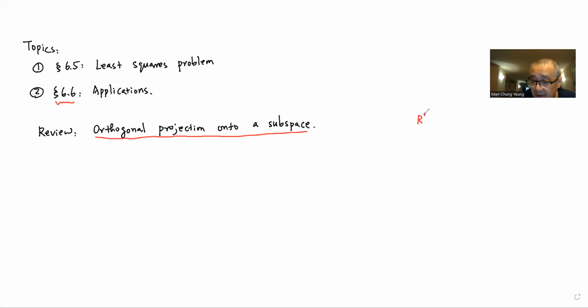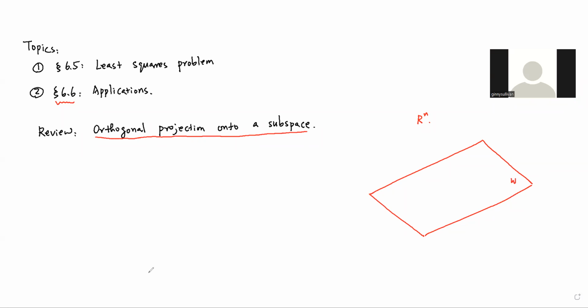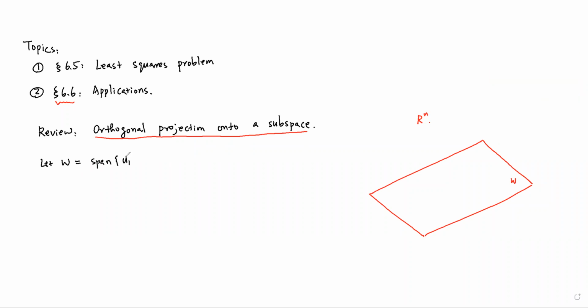This is R^n. There is a subspace. Let me call the subspace W. Then W is a subspace spanned by some vectors, say U1, U2, and UP.